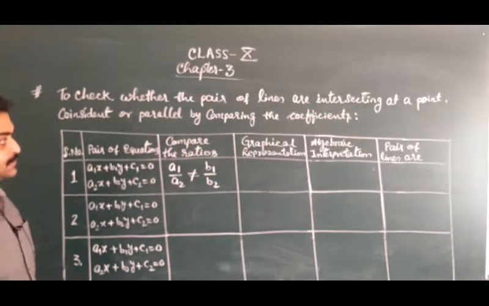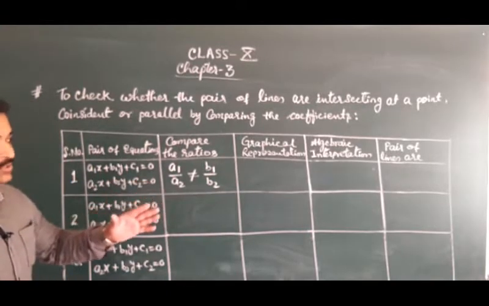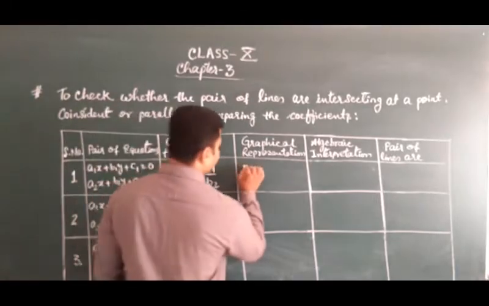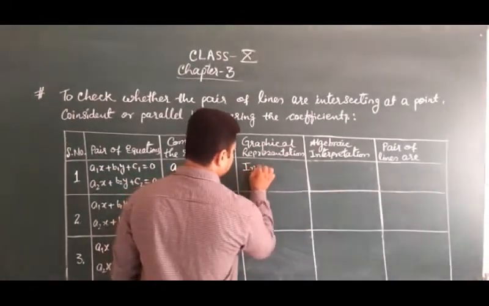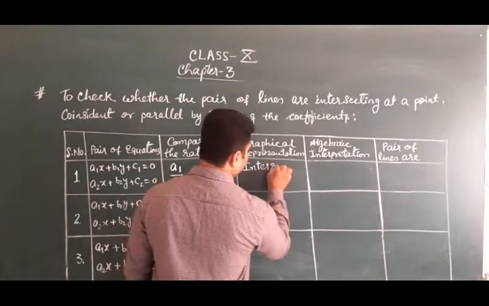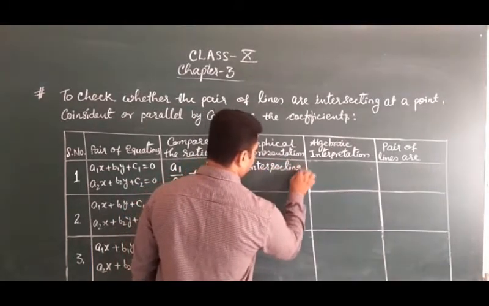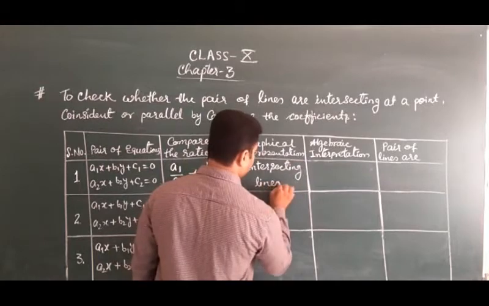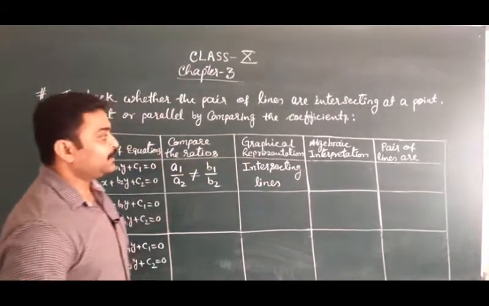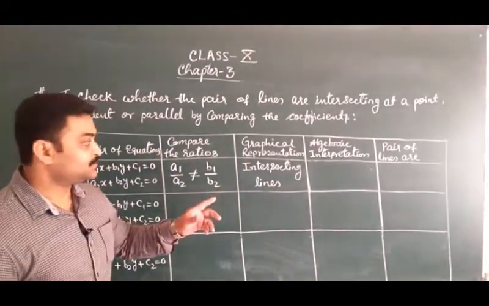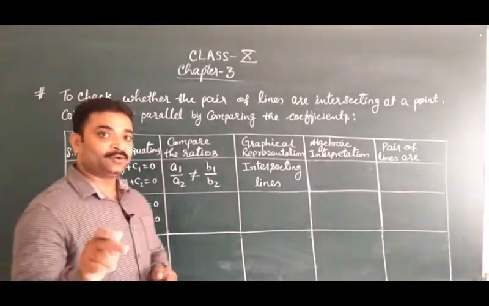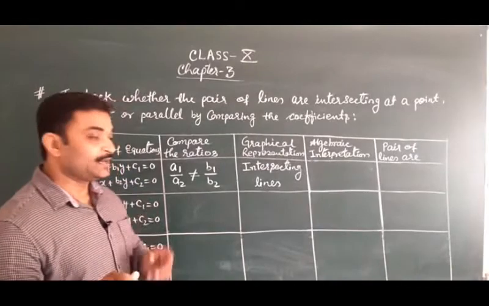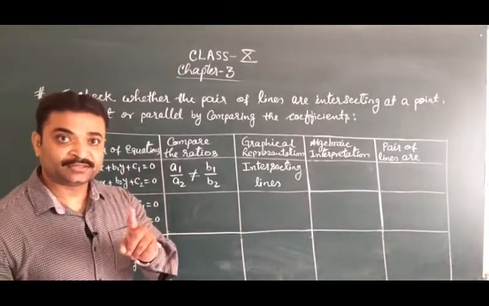in this case, what is the graphical representation? The lines intersect at a point. That means we can write intersecting lines. If two lines are intersecting, we get a common point, and the common point will be the solution, and that solution must be unique.